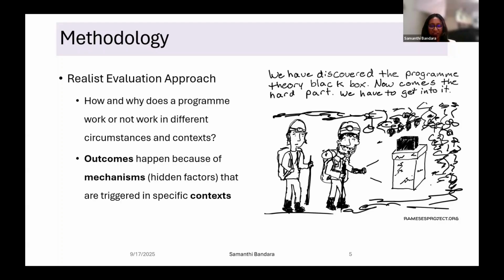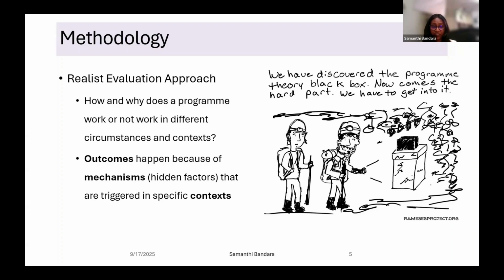What is the mechanism? The use of the terminology mechanism is different in realist evaluation. The mechanism refers to the underlying process, especially the reasoning and responses of individuals that are triggered by the resources or opportunities provided by the interventions.